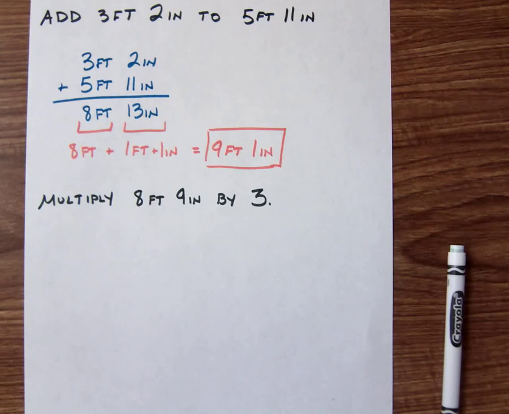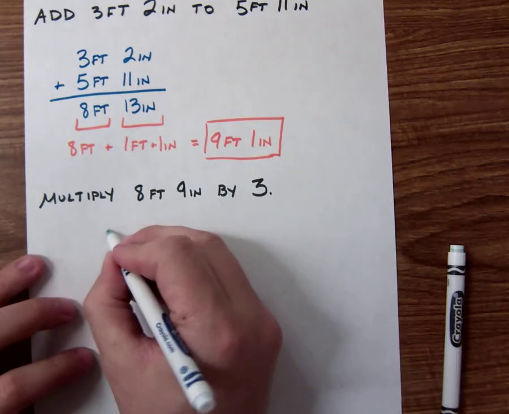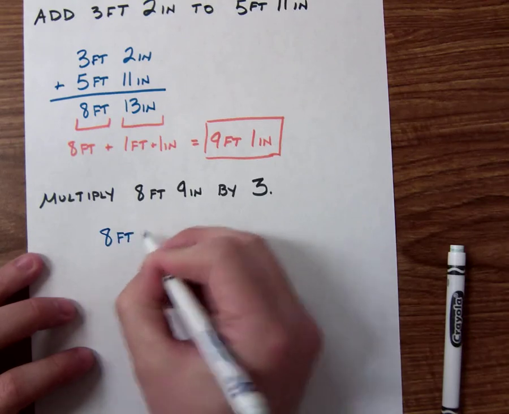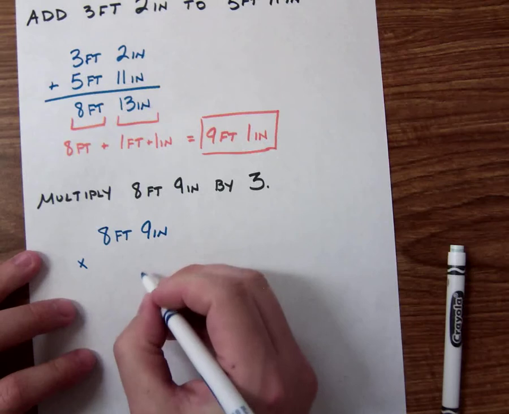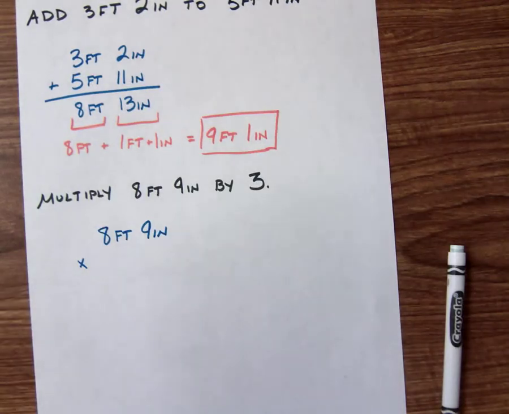Like, well, I needed 8 feet 9 inches and I need 3 of them. How much stuff should I go ask for? This one's also similar to what you would expect it to do. You take the 8 feet 9 inches and multiply by 3, meaning you multiply everything in this problem by 3.